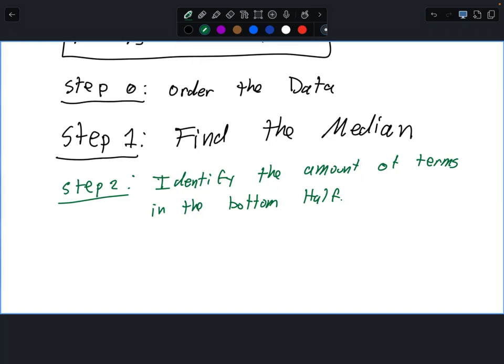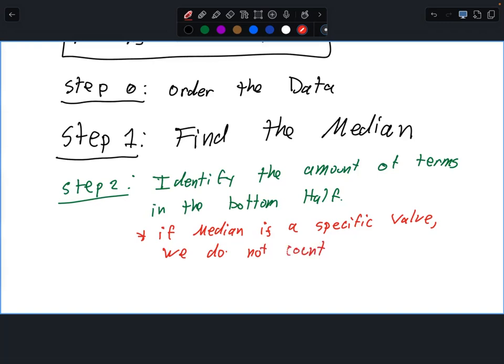Now, I've got to put a little disclaimer here. If the median is a specific value, we do not count it. So in other words, n is 11.